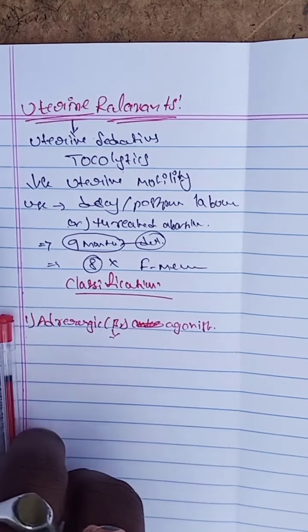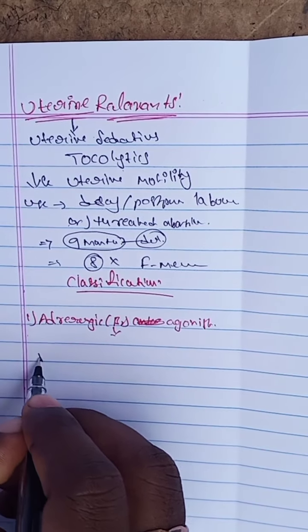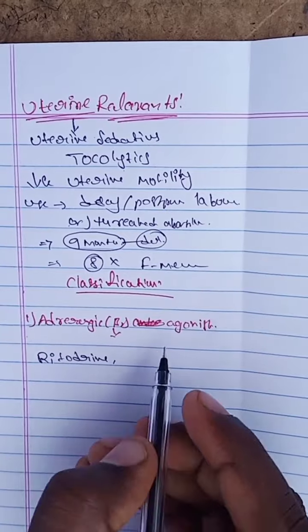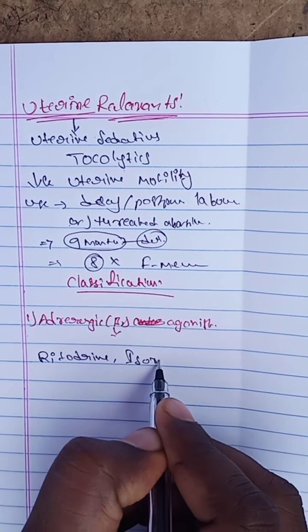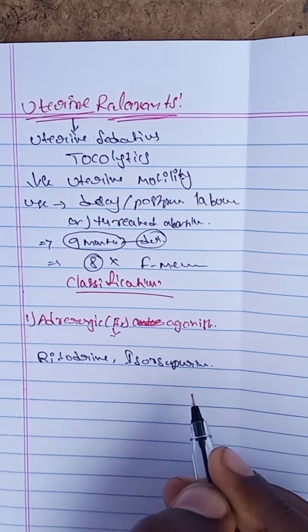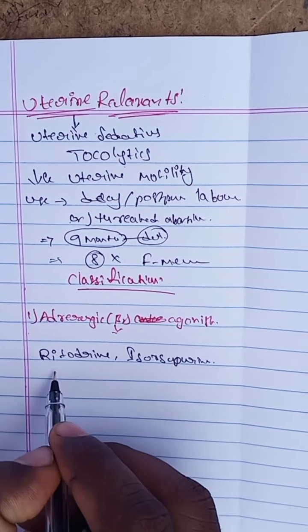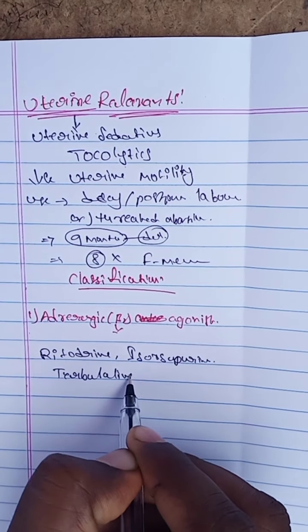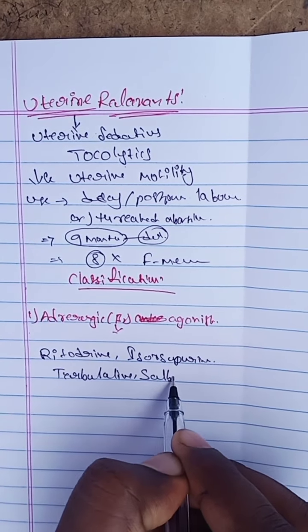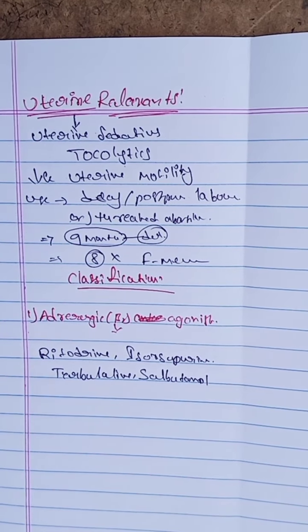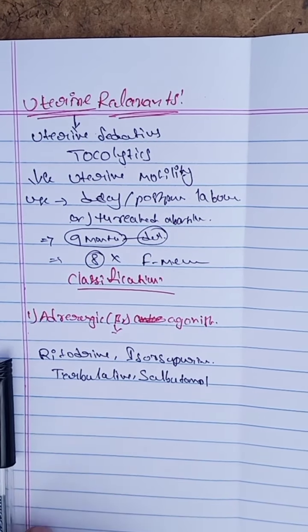What are the drugs here? The important drugs are ritodrine, isoxsuprine, terbutaline, and salbutamol. These drugs are used as adrenergic beta 2 agonists.